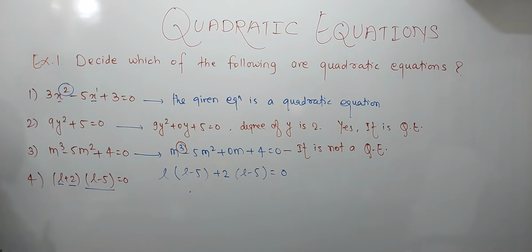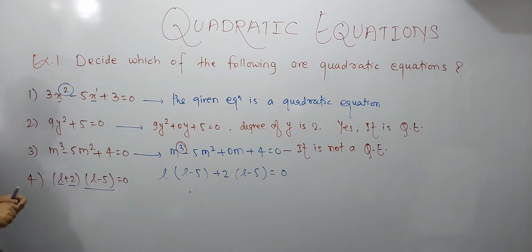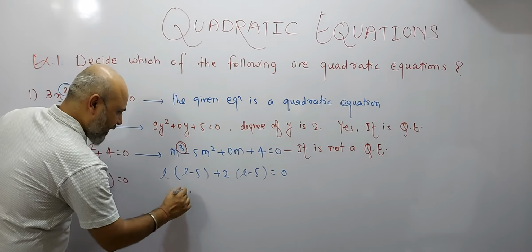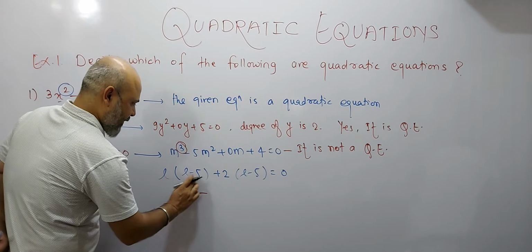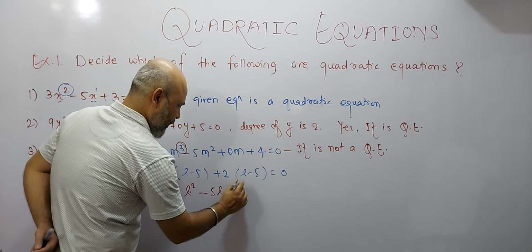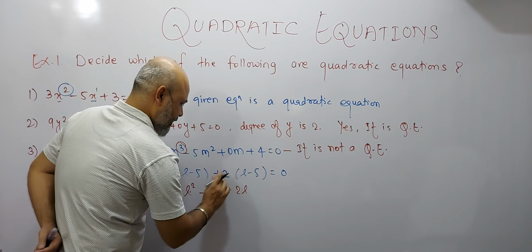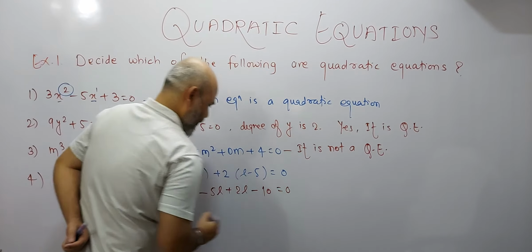Okay, first you will take plus l and then this bracket, and then plus 2 multiplied by this bracket, and this is equal to 0. Now you will write l into l, you will get l square, minus l into 5, this will be 5l, plus 2 into l, this will be 2l, and this plus minus is minus, 2 fives are 10, which is equal to 0.